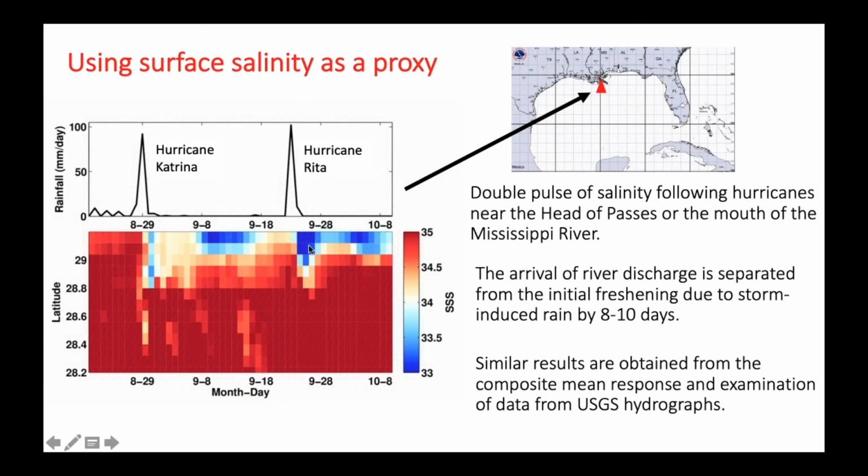So this double pulse of salinity can clearly be seen from these two hurricanes, and it suggests that the influx of river water occurs approximately a week to 10 days after the initial passage of the storm.